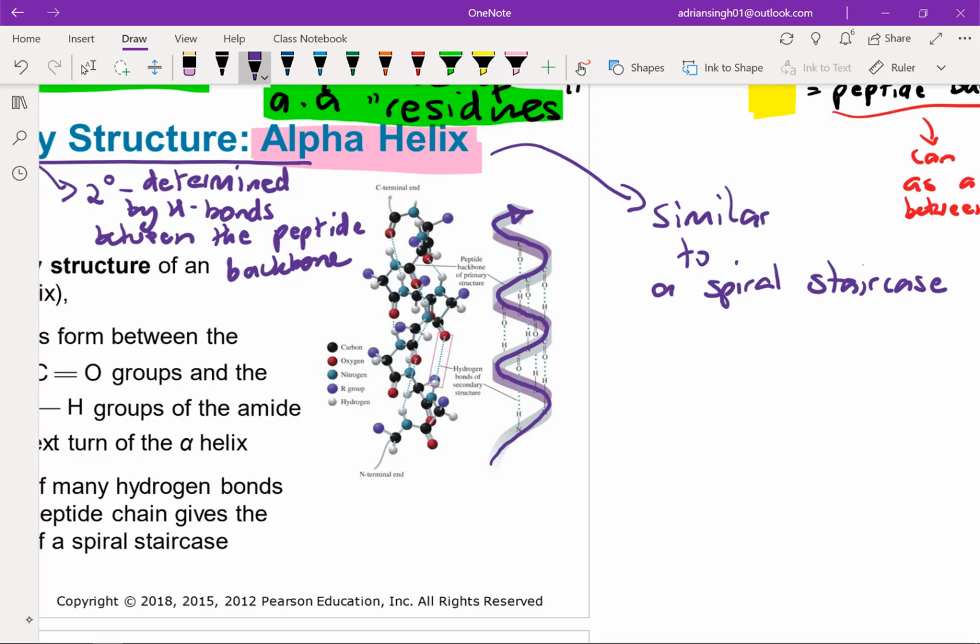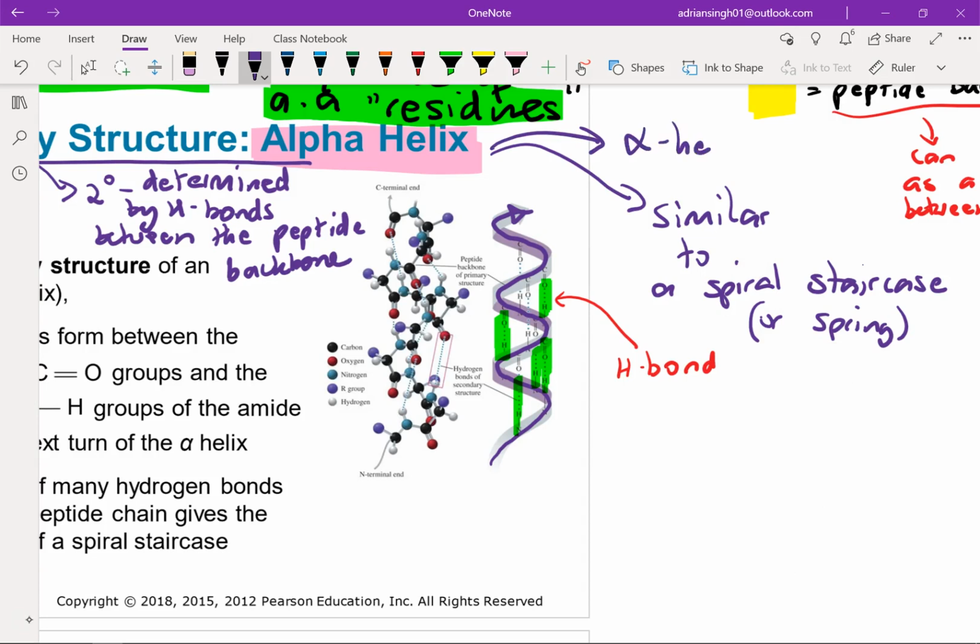Well, it's held in place because of those hydrogen bonds, which we'll highlight here in green, that occur between the backbone peptide bonds of this particular protein. You'll see your hydrogen bond here, for example, and that keeps that spring-like structure intact. So a spiral staircase or a spring would be the analogous shapes that we can use to illustrate this alpha helix. Alpha helix is often shown as this.